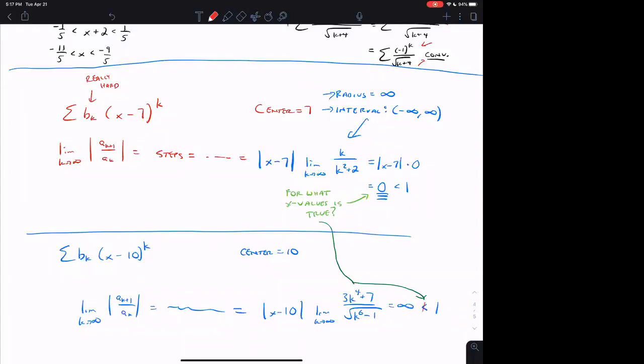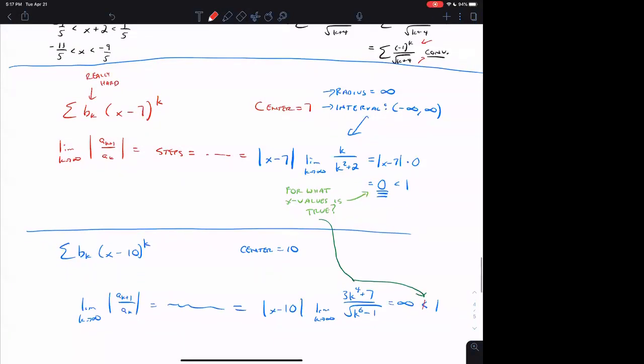So when that happens, the interval of convergence is the single number 10, not always 10, but always the center. The radius is the width of the number 10. How wide is that interval? 0.